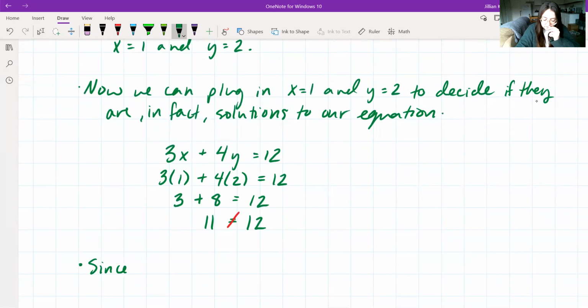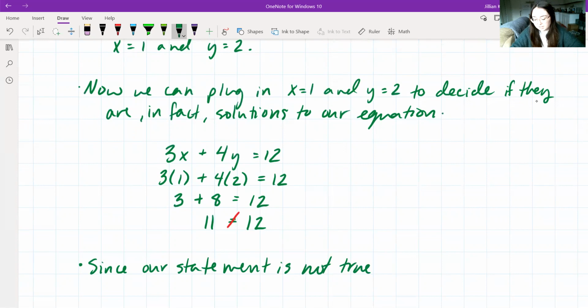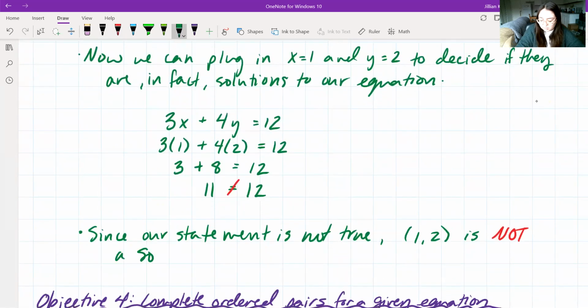So we say since our final statement here is not true, since 11 does not equal 12, our ordered pair of (1, 2) is, and let's put this in red, not a solution.